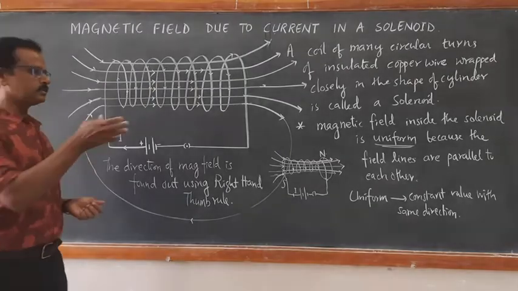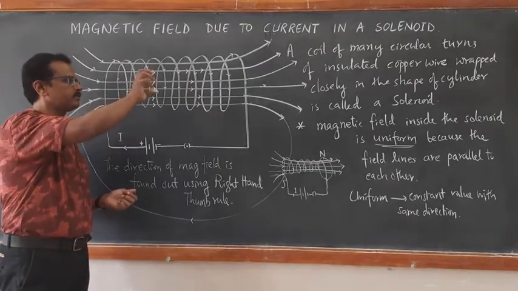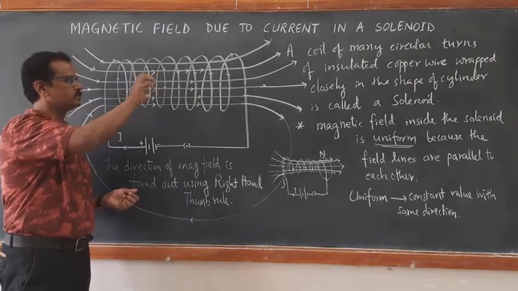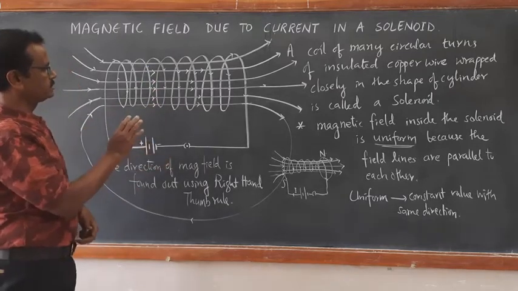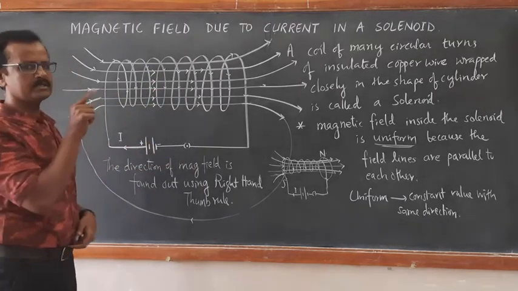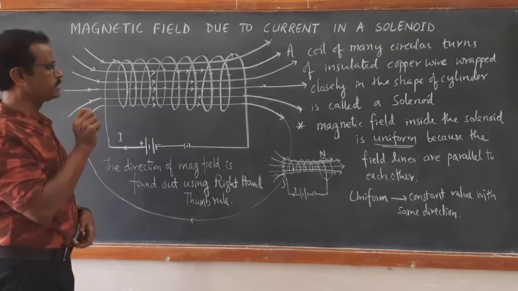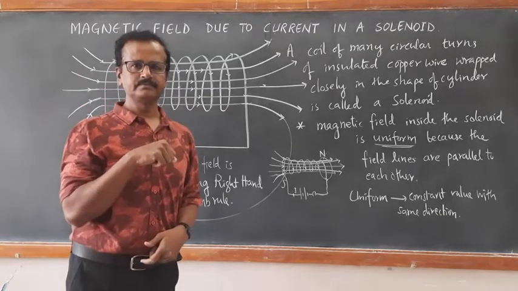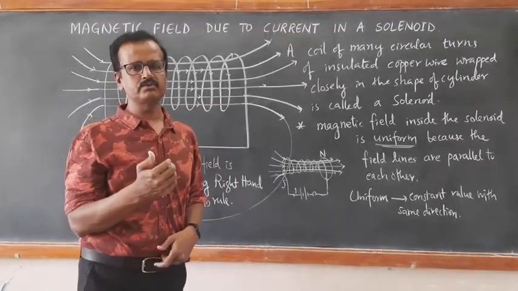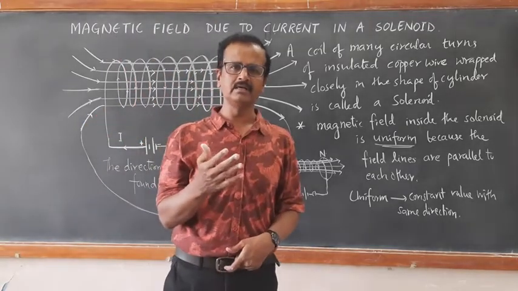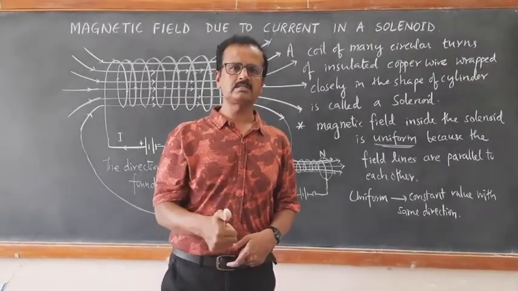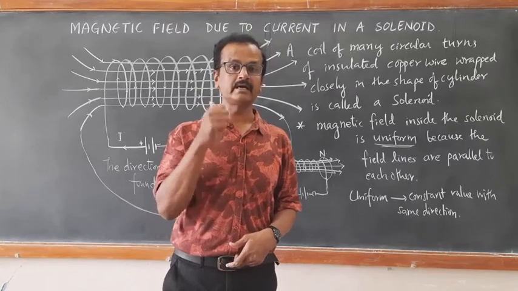If you are turning a screw, the screw rotates in one particular direction, and the advancement of the screw also tells you the direction of the magnetic field. That is the right hand thumb rule, which we also used to find the magnetic field due to a straight conductor carrying current.